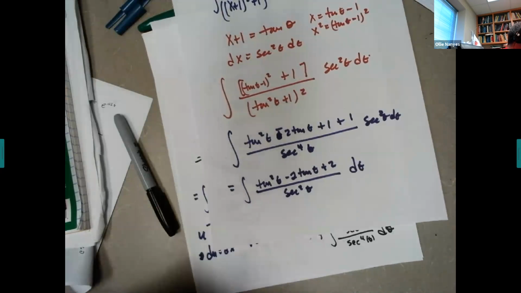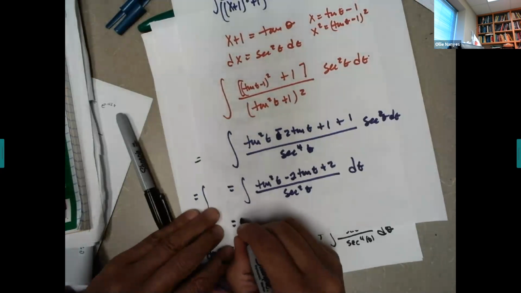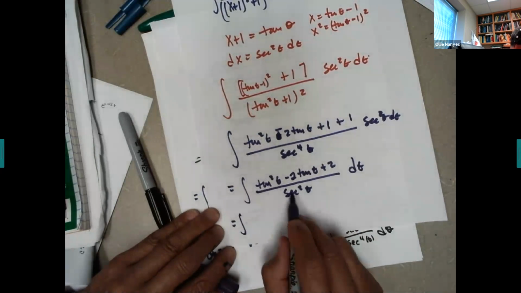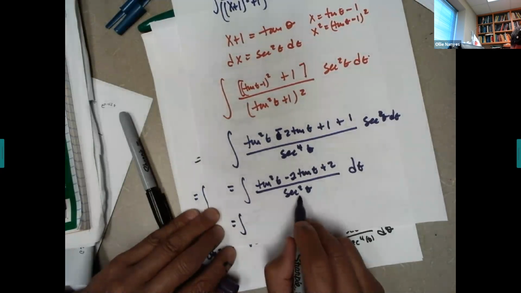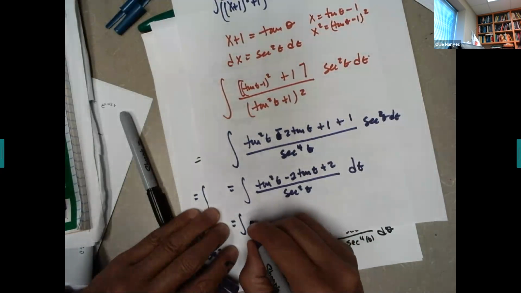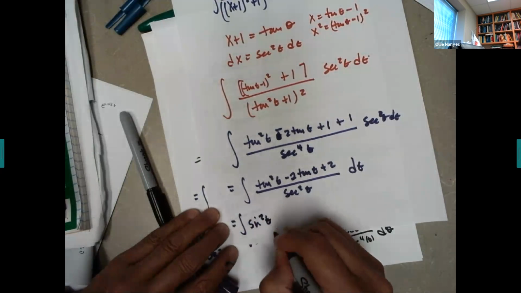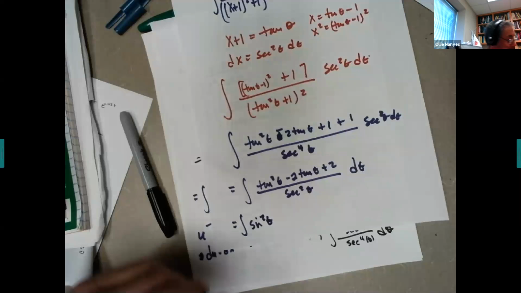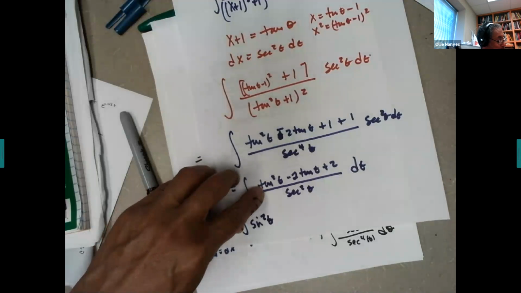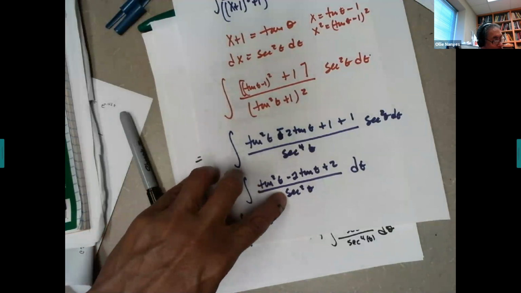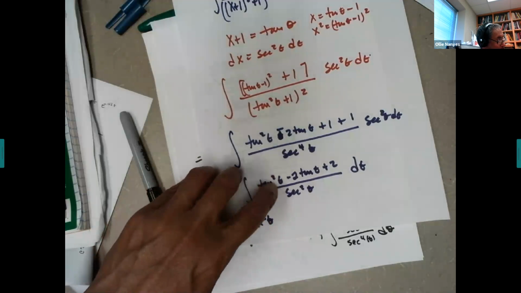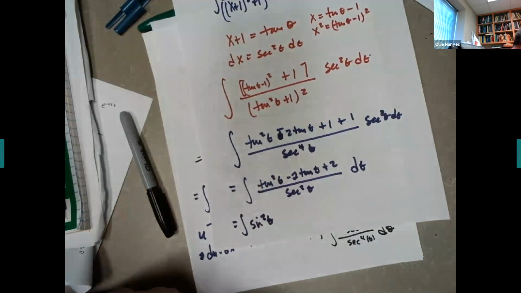Because if we now change this, tangent squared divided by secant squared is really going to be sine squared theta. Why? Because this is sine squared over cosine squared, the bottom is going to be cosine squared, and the cosine squareds cancel.